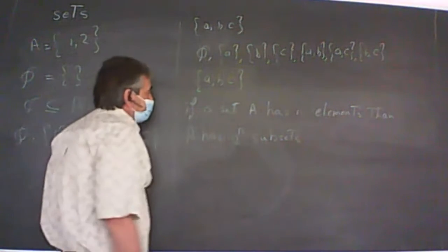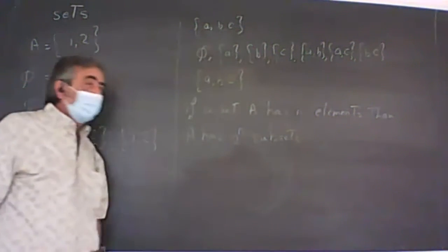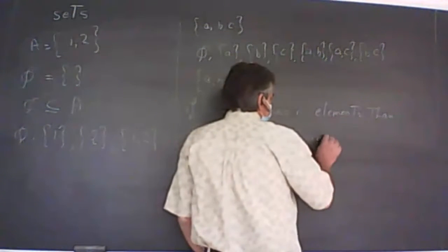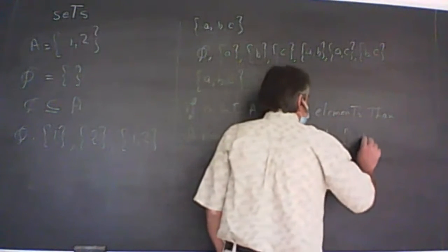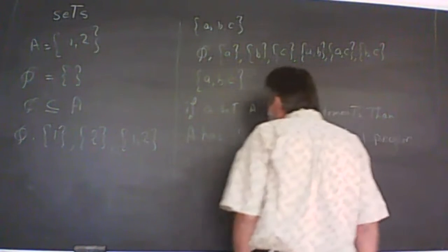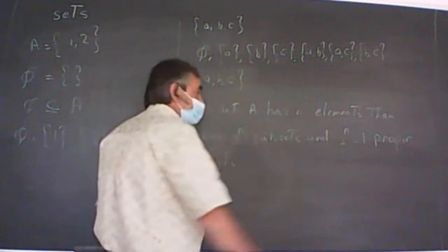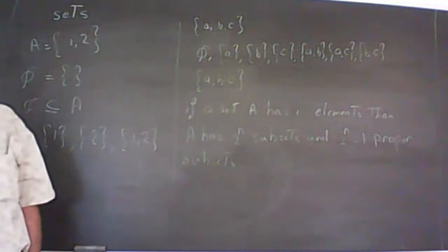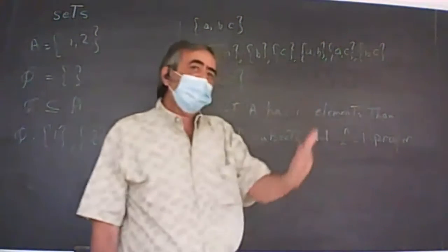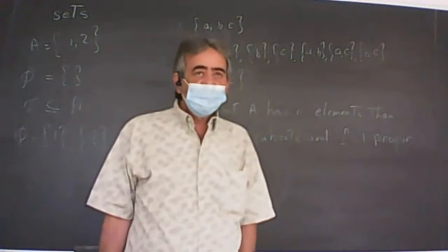So if a set A has n elements, then A has 2 to the power n subsets, and 2 to the power n minus 1 proper subsets. So with 3 elements, 2 to the power 3 is 8. We have 8 subsets, but we have 7 proper subsets.